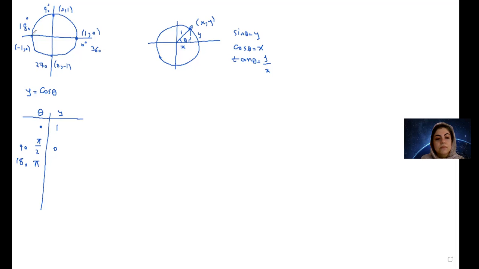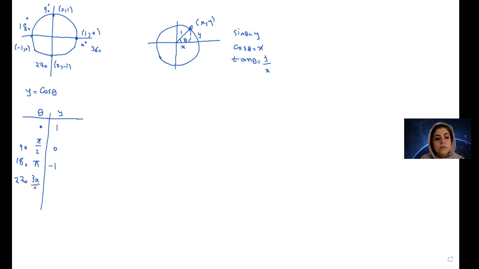What is it? -1. X component. Oh, -1, right? Yeah. 270, what is the cosine? 0. Yes. Yeah, it's 3 pi over 2.